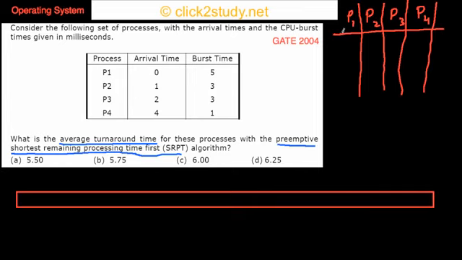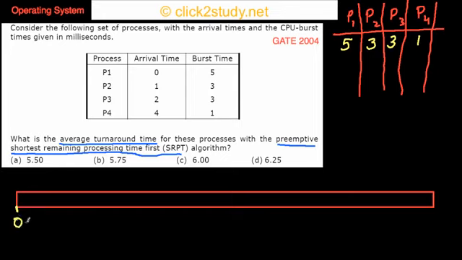So first I'm going to write down these burst times for these processes. For P1 it is 5, because these will change, for P2 it is 3 in the beginning, for P3 it is 3, and for P4 it is 1. You have to remember it is shortest remaining processing time. Then I'm going to mark these arrival times.